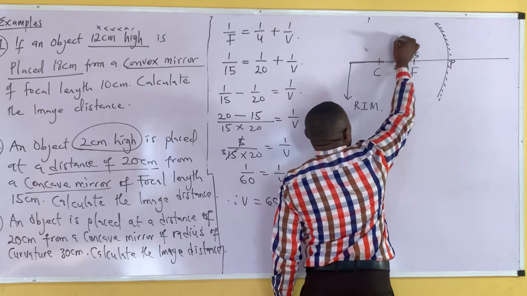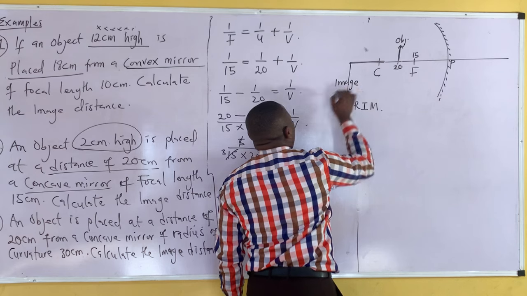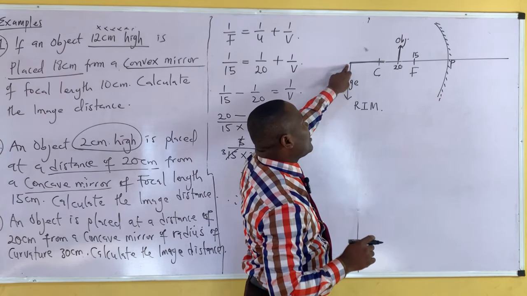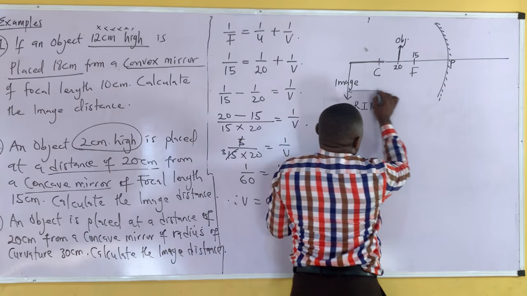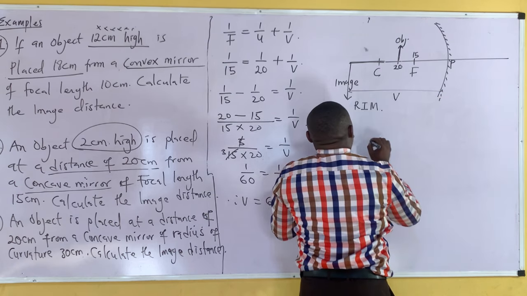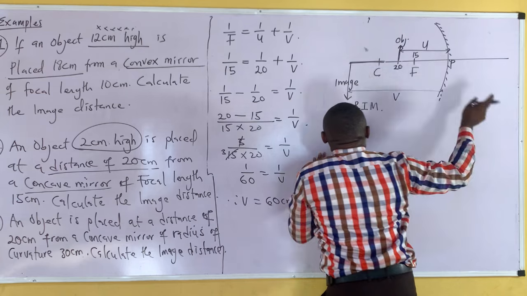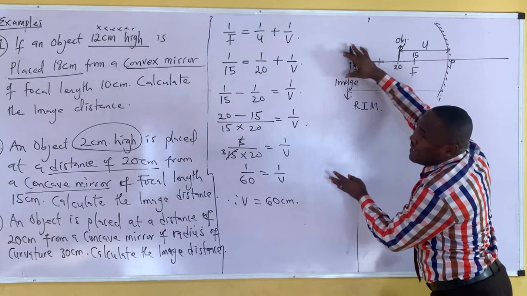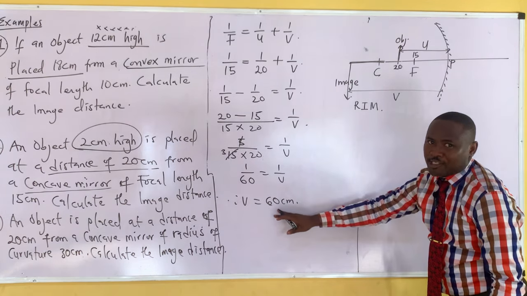Now this is my object, and this is my image. The image distance, the distance of the image to the mirror, is our v; the distance of the object to the mirror is our u. So you see that the image distance is definitely larger than our object distance. That's why our answer is 60.